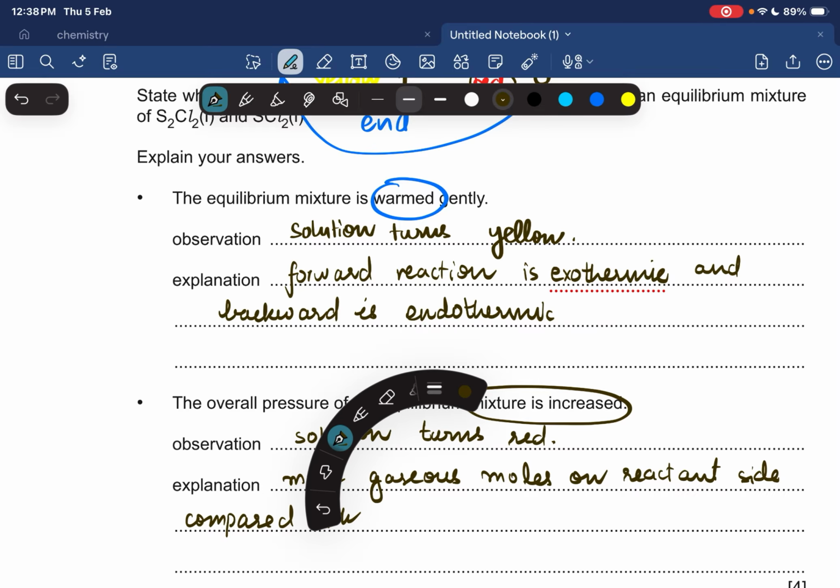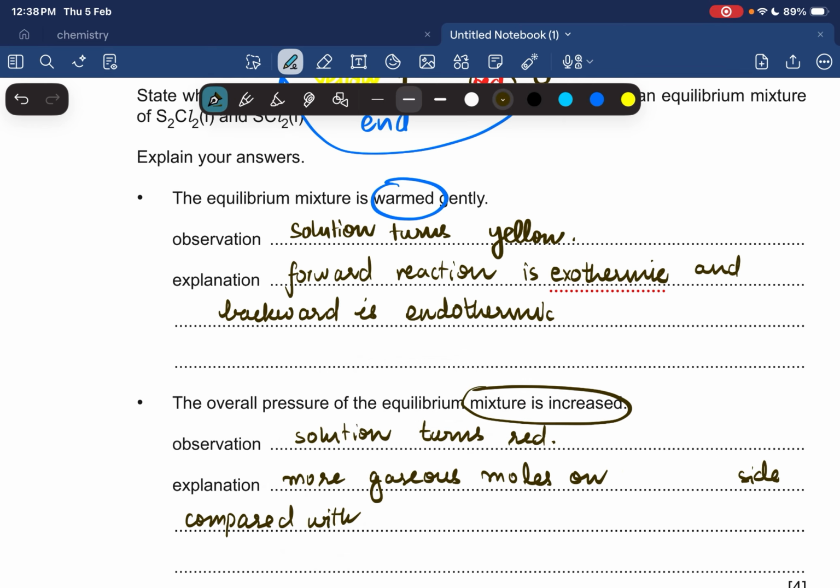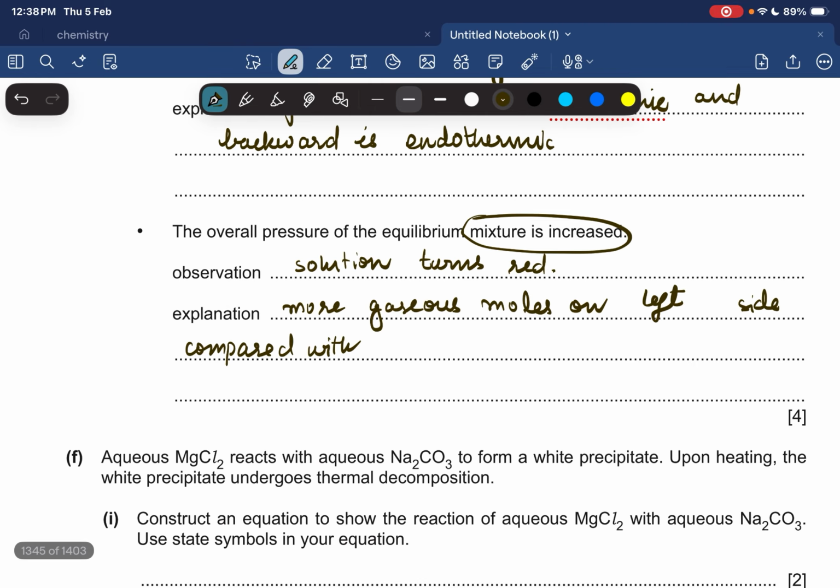Or instead of reactant side, it's better if you say the left side, because I've seen in marking schemes the left side is more acknowledged than the reactant side. Compared with the right side, you tell the examiner that there are more gas moles on the left side compared to the right side, and you say that since we're trying to increase the pressure, the equilibrium tries to decrease it.